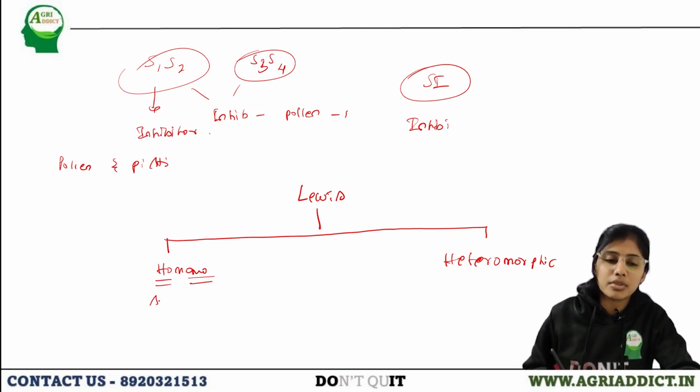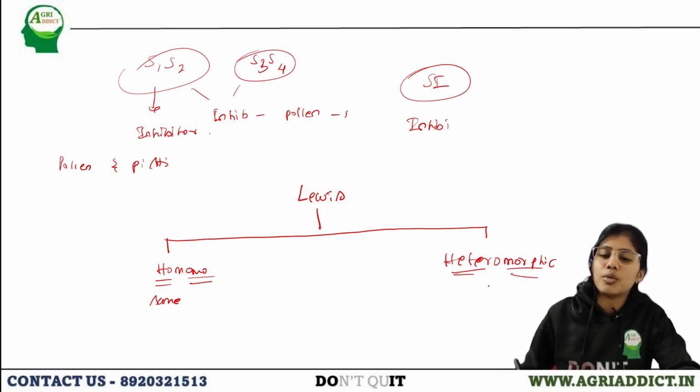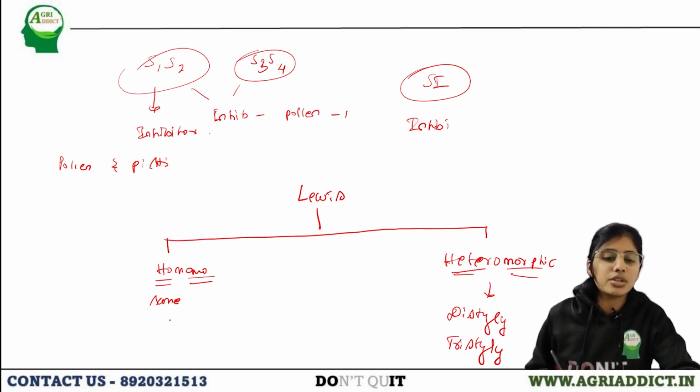Homo means same, there is no difference in their morphology. Hetero is different, there is a difference in the morphology. In heteromorphic, we can see distyly and tristyly kinds of mechanisms. In homomorphic, we will see gametophytic self-incompatibility and sporophytic self-incompatibility.